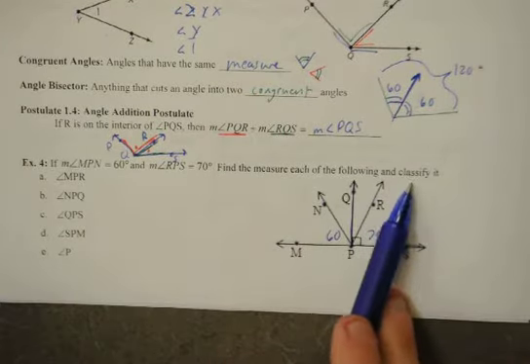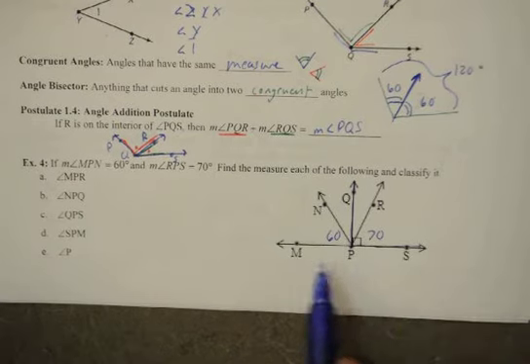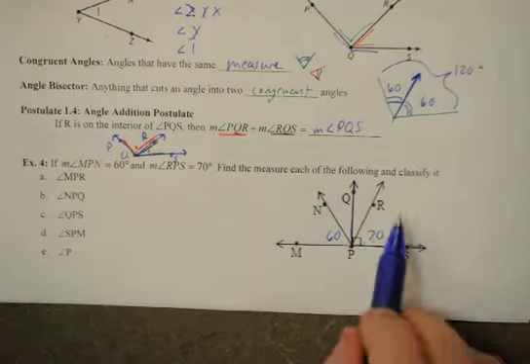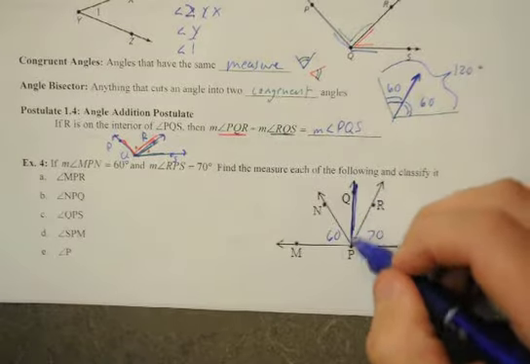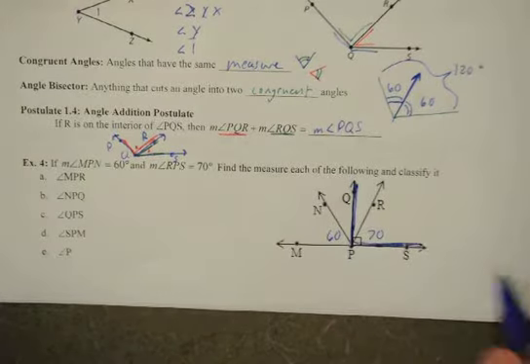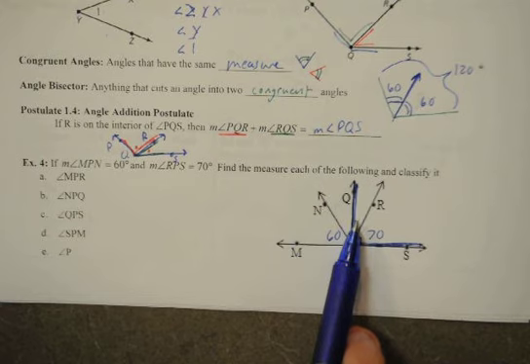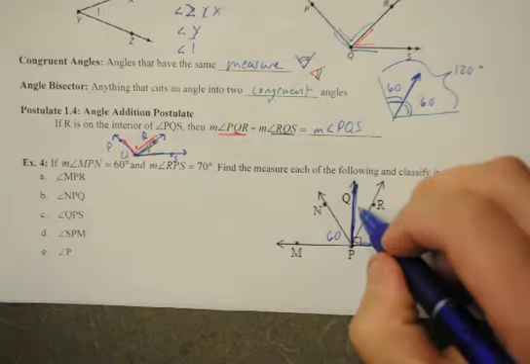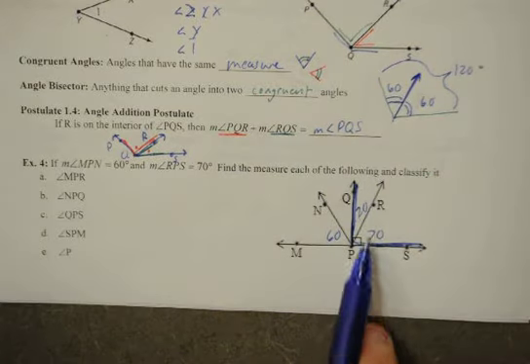Find the measure of each of the following and classify it. Well, let's fill it in before we even look over here. If this is 90 degrees right here, what does this angle have to be to add up with 70 to make 90? It's got to be 20. What's 20 plus 70? 90.